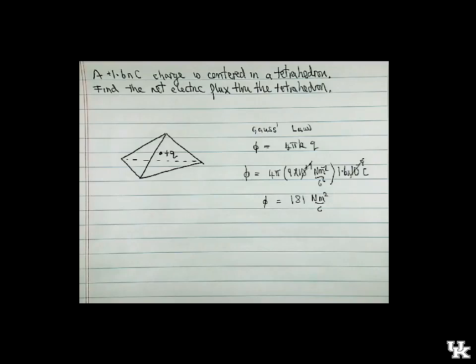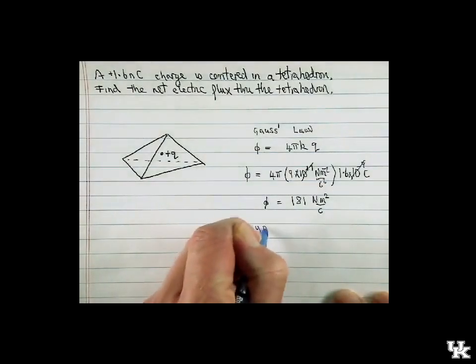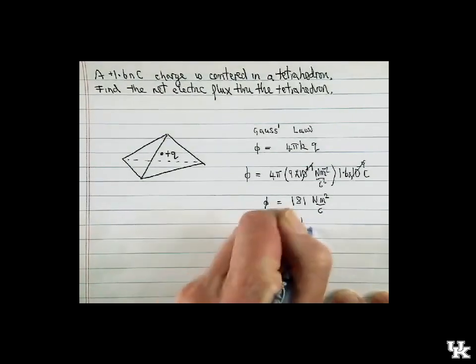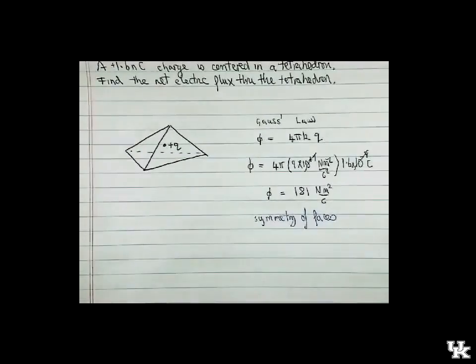So in this case, if I want the flux through a given face, the idea that's letting me solve this is the symmetry of, it sounds like a movie title, symmetry of faces.